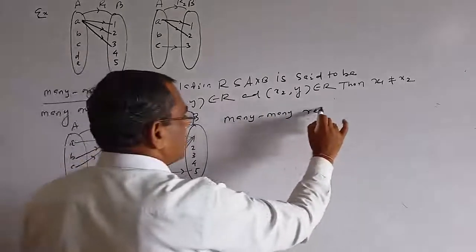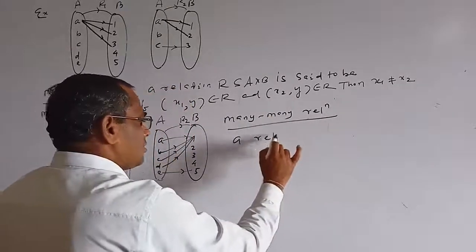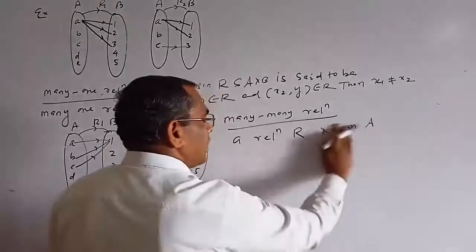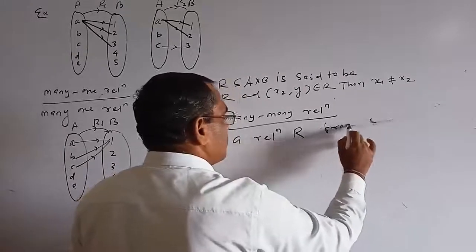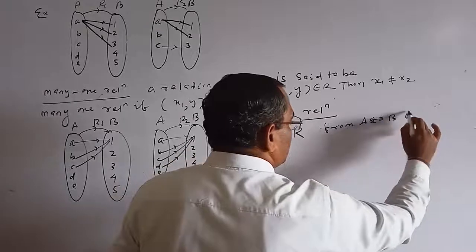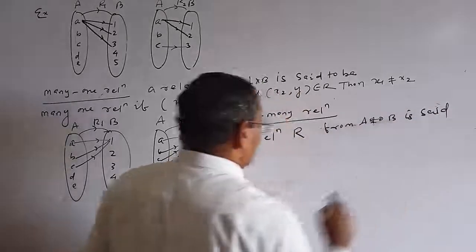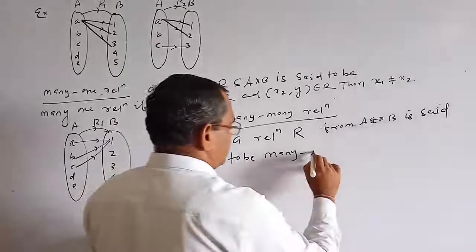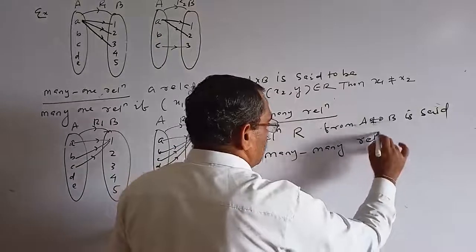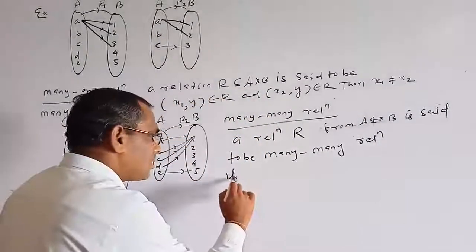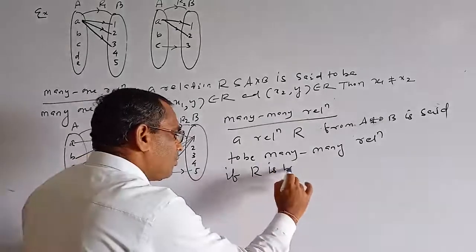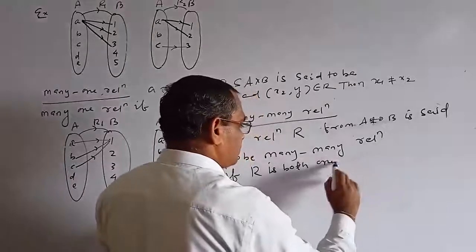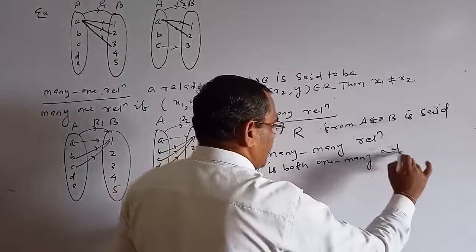So next, many-many relation. A relation R from A to B is said to be a many-many relation if R is both one-many and many-one.